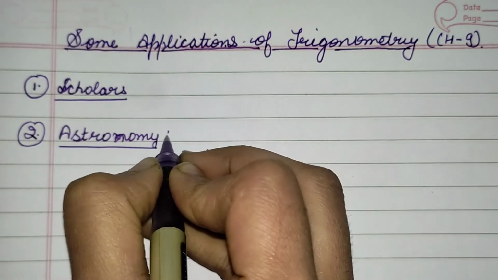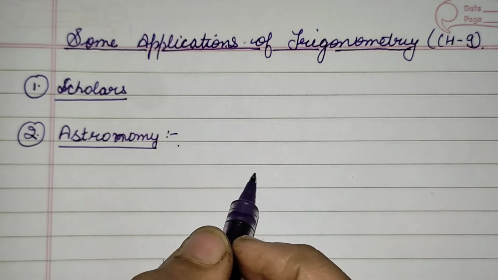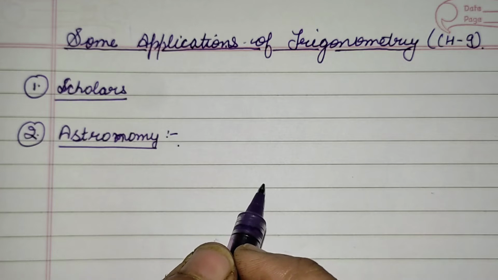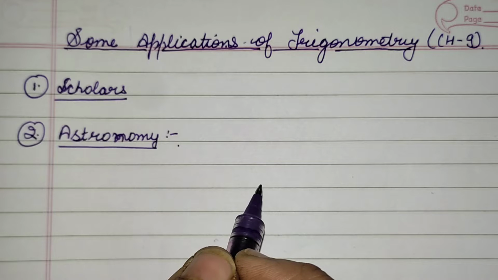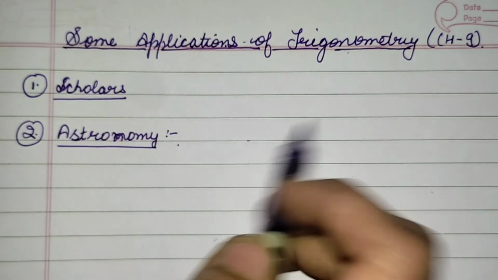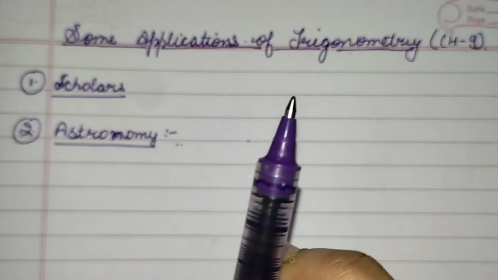Scientists needed something like trigonometry to find the positions of satellites, to find the height of a satellite, and to decide into which orbit to put it. All these things were done with the help of trigonometry.